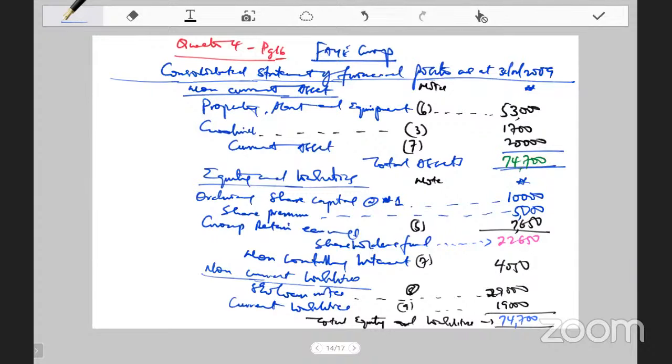The 8% loan note amount is at the end of the year, so it means the interest must have been accounted for. If the examiner wants us to calculate it, he would have told us that the interest has not been charged. Next question. Thank you, sir.